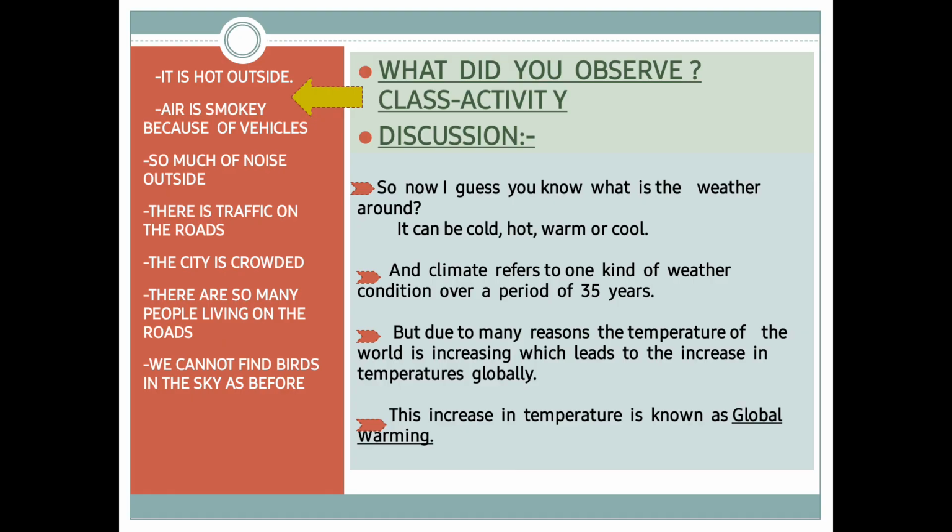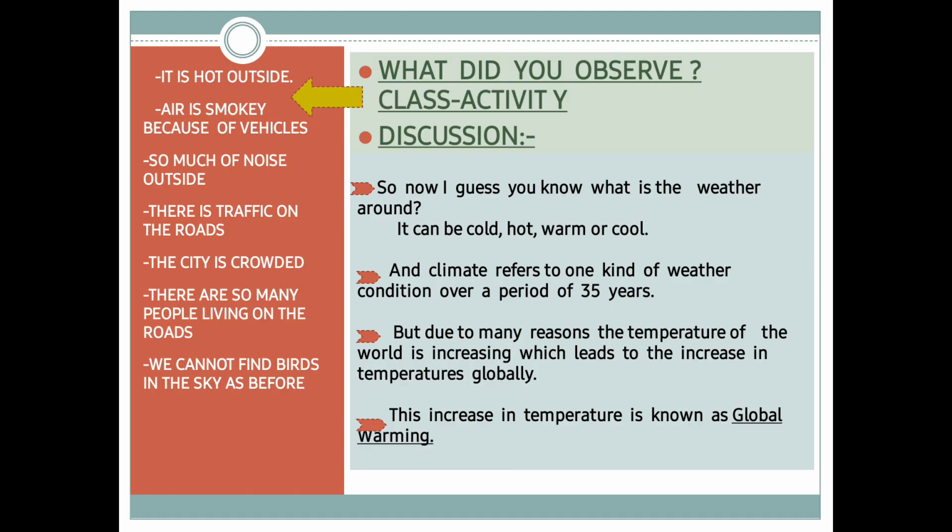So now I guess you know what the weather around is. It can be cold, hot, warm or cool, isn't it? And the climate refers to one kind of weather condition over a period of 35 years. What does that mean? It means when you go outside, you feel hot or warm or cool. That is the weather of that particular area.